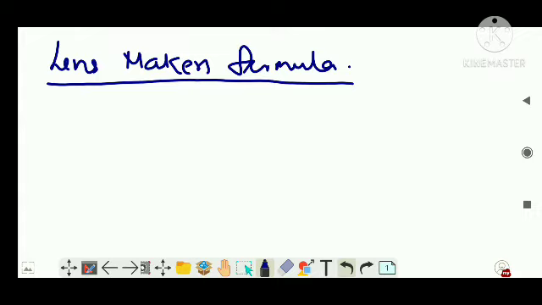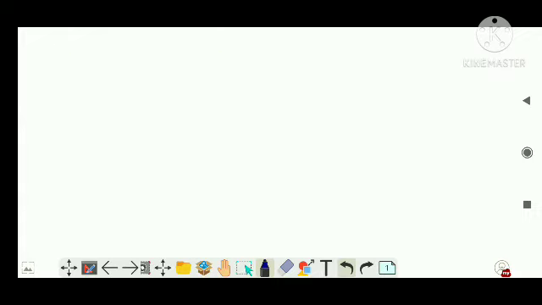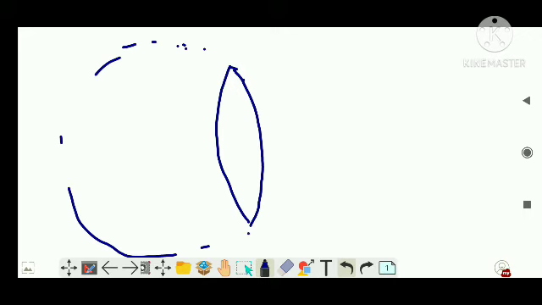So for the lens maker's formula, I'm going to draw a small lens, right? Now this lens, I have told you, is made up of two spherical surfaces. So I can extend this one as one circle, and similarly this one is made up of another circle.